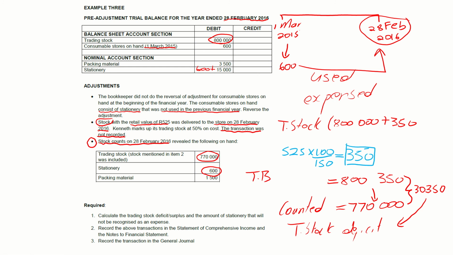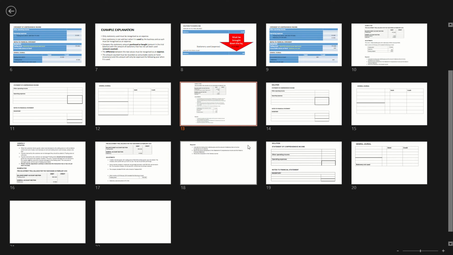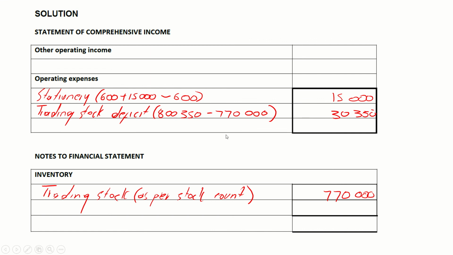Then they say packing material that was not used, as per stock count, obviously, it will be 1,500. Stock count on the 28th of February 2016 revealed the following on hand. What's on hand means it was not used. Packing material not used for the current year will be 1,500. I have to go to my operating expenses, and under my operating expenses I'm going to have packing material.